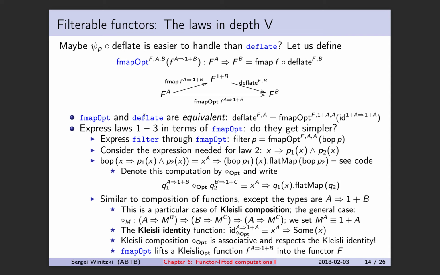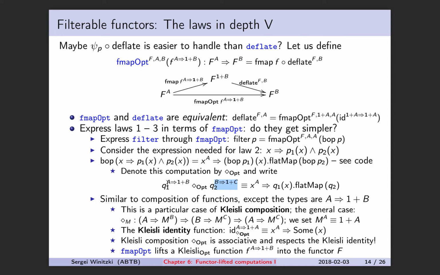I show that fmap opt is equivalent to deflate, and I express laws 1 to 3 in terms of fmap opt, and I introduce some notation, the diamond symbol with an opt subscript, which can be seen as a composition of 2 functions, except that functions have this twisted signature.